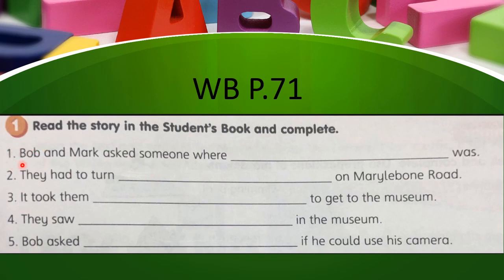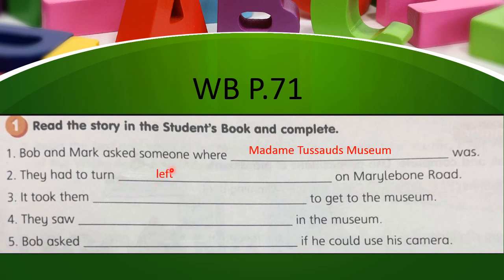Number 1. Bob and Mark asked someone where was. They asked for what? Excellent. Madame Tussauds Museum. They were asking about the museum. Number 2. They had to turn on Marylebone Road. Turn left.